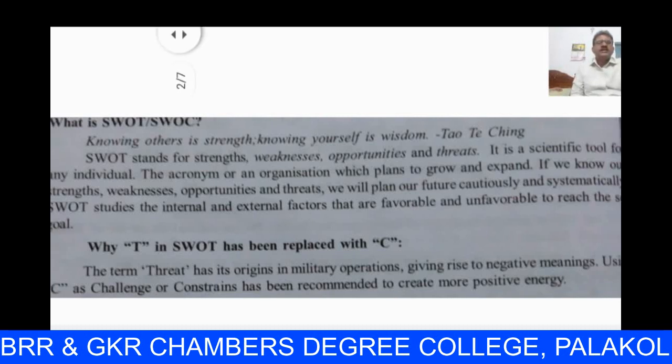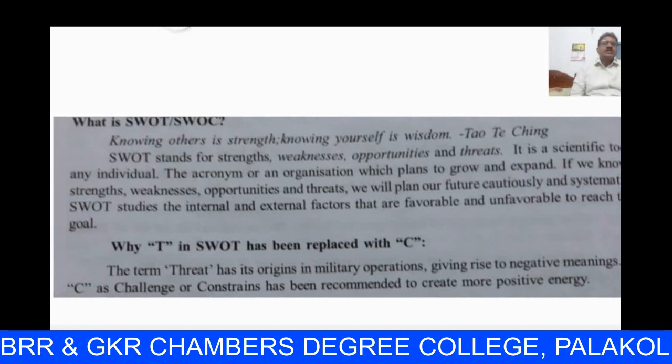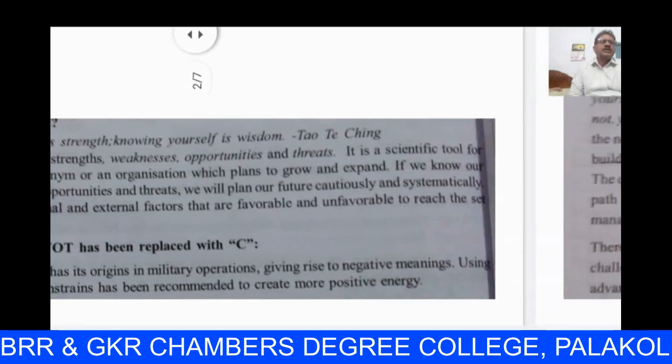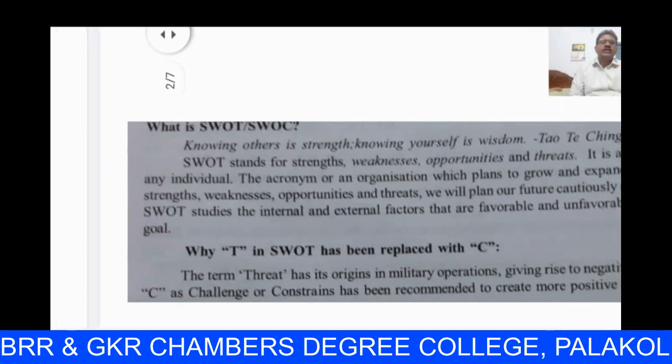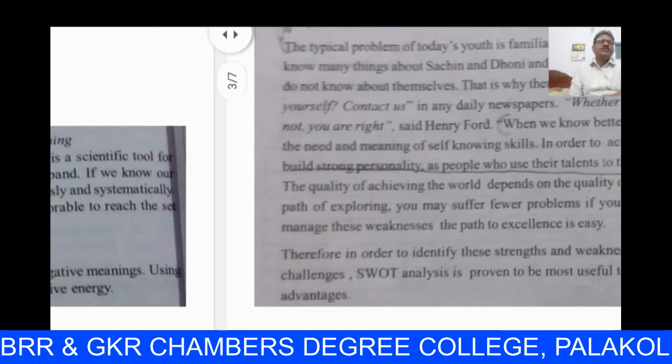The term threat has its origins in military operations, giving rise to negative meanings. Using C as challenge, constraint has been recommended to create more positive energy.